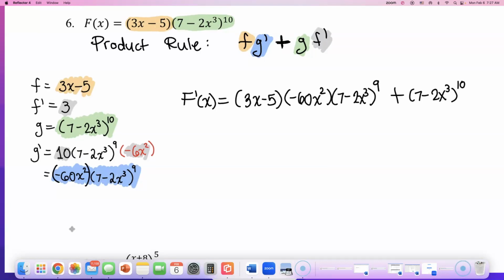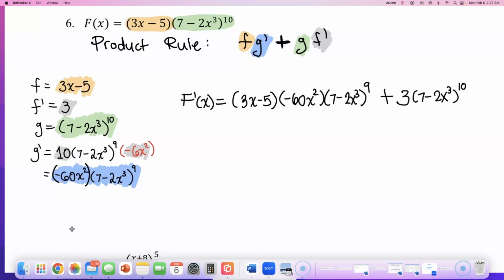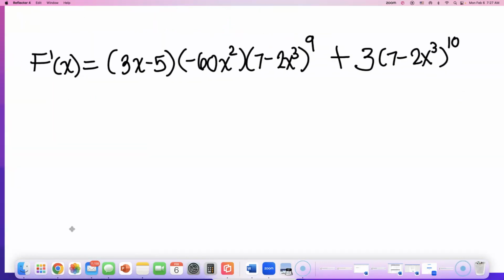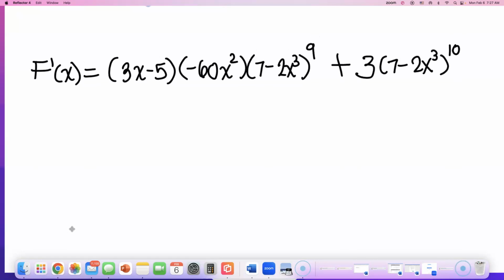So I'm going to move this parenthesis a little bit to the right so that I can squeeze in that 3 in front of it, in case I have to distribute. I think I do want to distribute this time. So let me see if this mess can be simplified any further. It looks pretty bad, but all right. Now, what do you notice? Do you have any common factors?